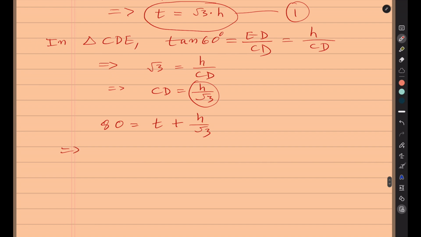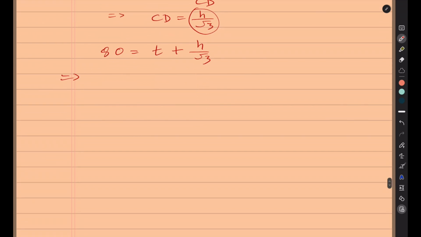So let us try to apply that. 80 is equal to, in place of t we can write root 3 times h plus h divided by root 3.